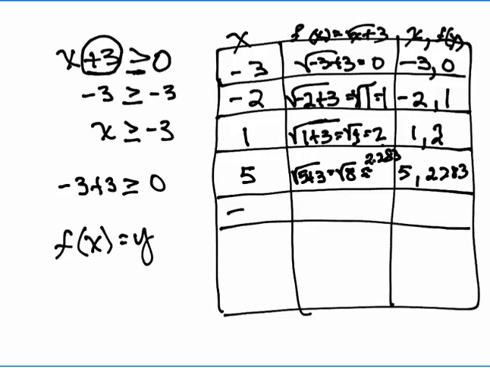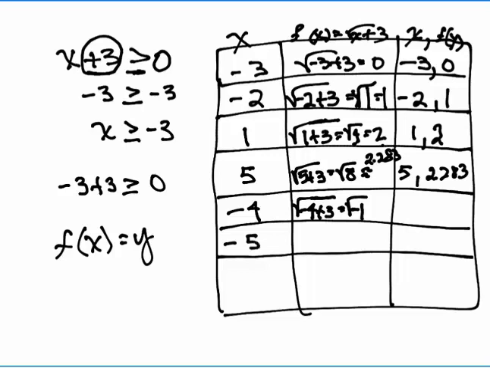Let's take a look at our negative 4. Inside that radical, we have negative 4 plus positive 3. So inside the radical, we have a negative 1. Remember, we cannot have a negative inside that radical, so there is no way to graph that. There's no solution for that. It's a non-existent number.